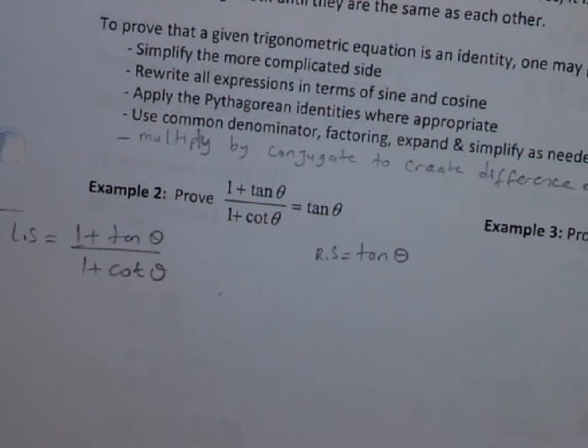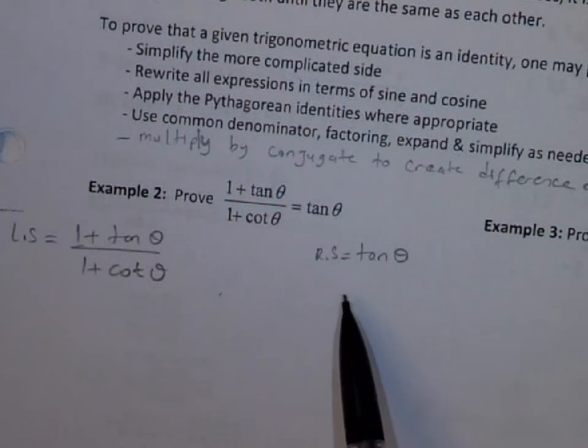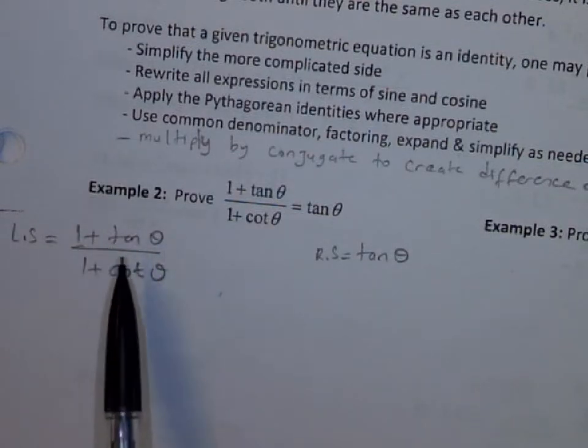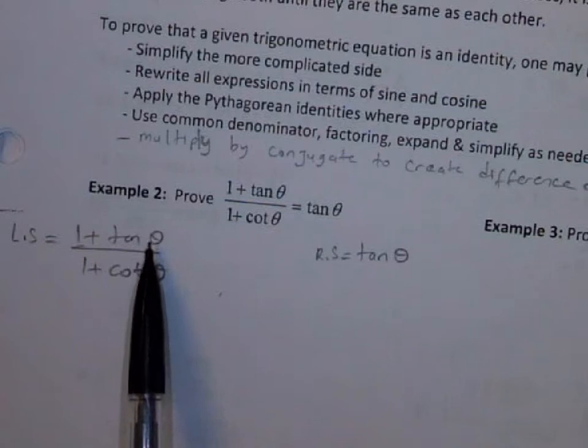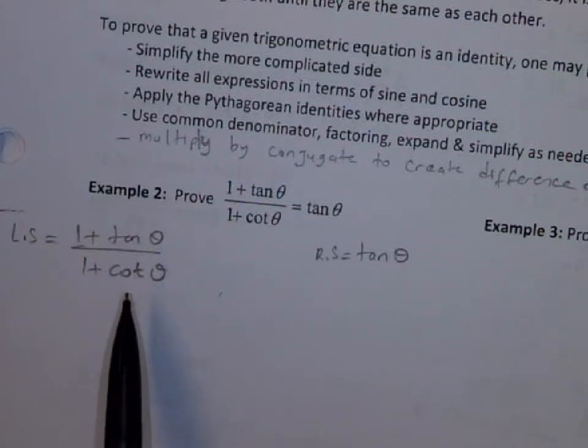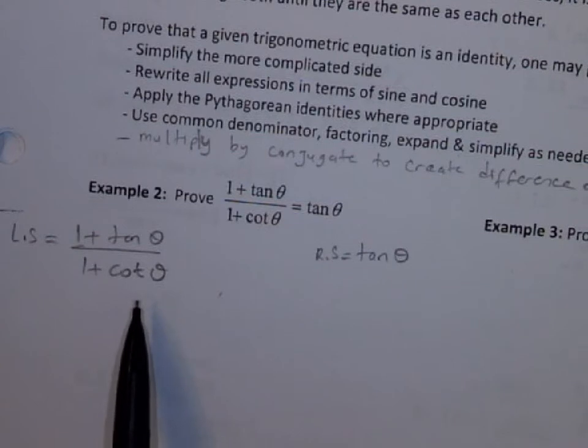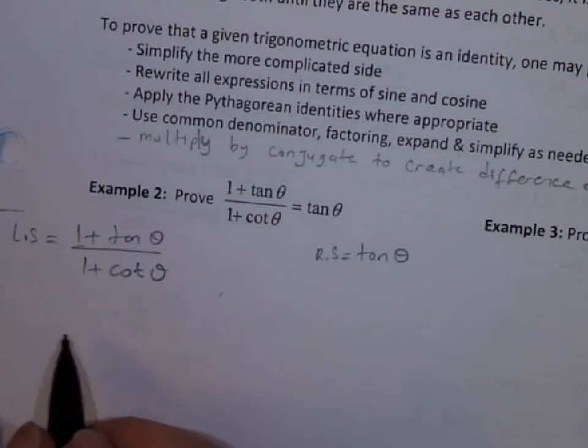Now right side looks pretty simple, right? Maybe we should start from the more complicated side, which is the left. So we can replace tangent theta by sine theta over cos theta and cotangent by cosine over sine, and then try to simplify it from there.